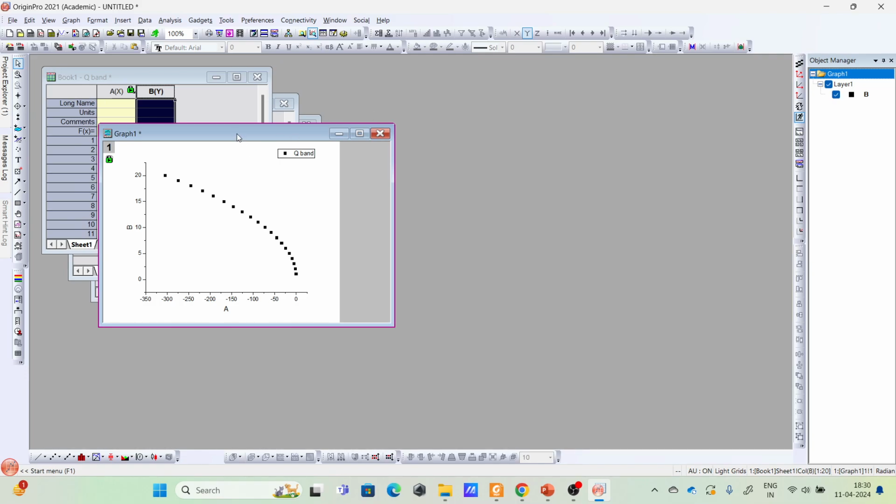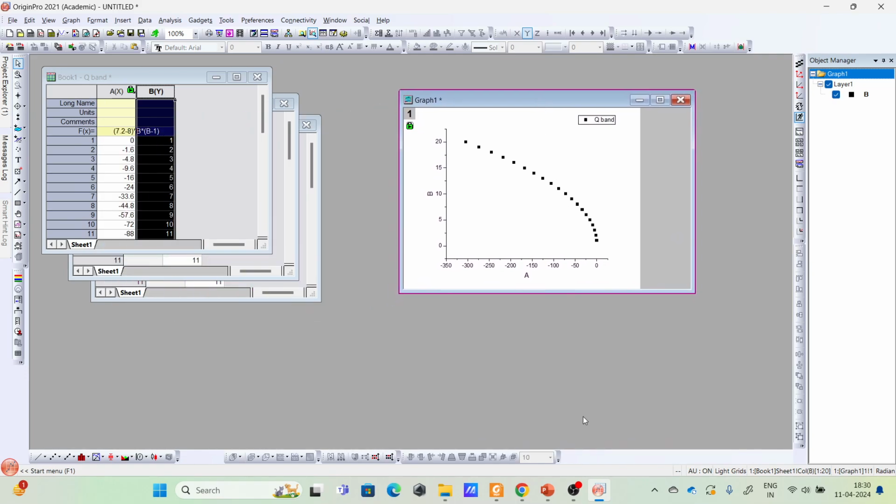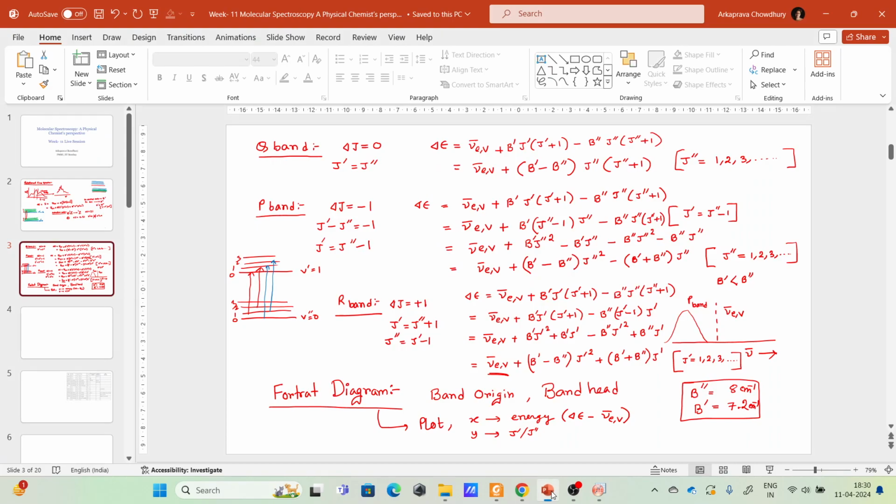How will my P band look? For the P band, what equation do we have? We have B dash minus B double dash times J double dash squared, then we have something in terms of J double dash also, minus B dash plus B double dash.